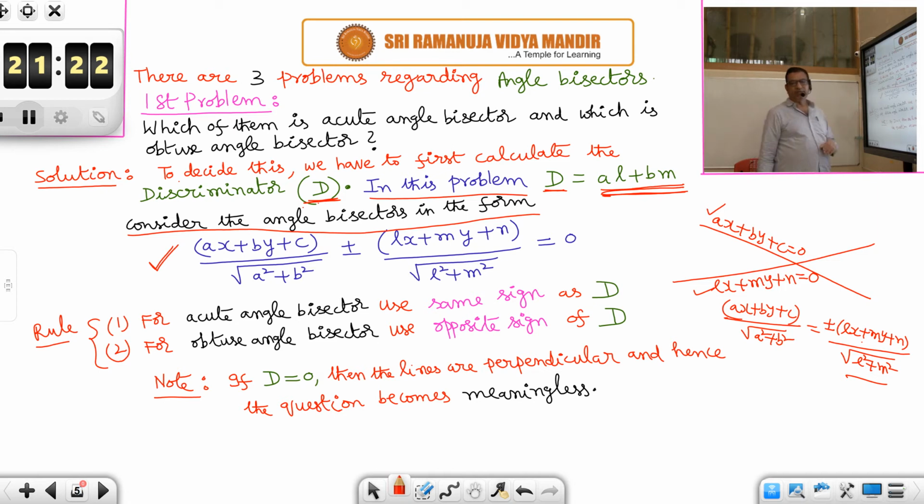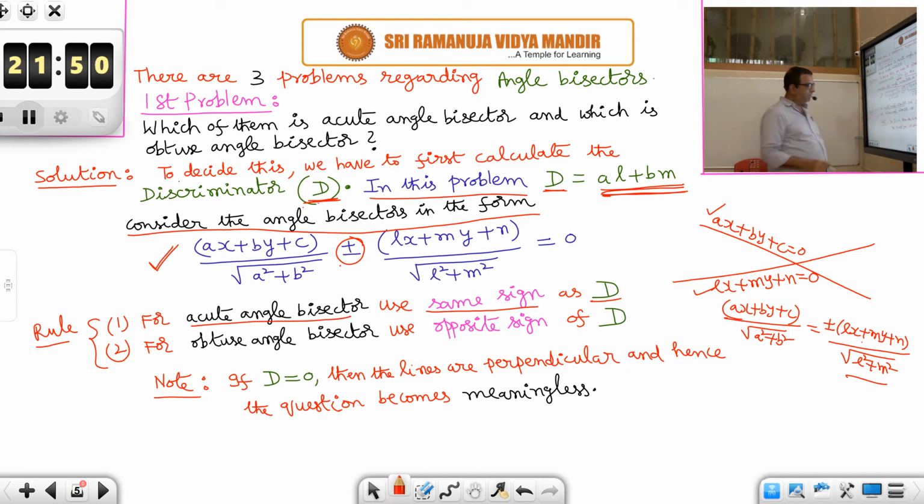For acute angle bisector, suppose you want to find the acute angle bisector, use same sign as D. Whatever sign D you have, same sign you have to use here in the middle. If D is positive, use a positive sign. If D is negative, use a negative sign. For what? For the acute angle bisector.